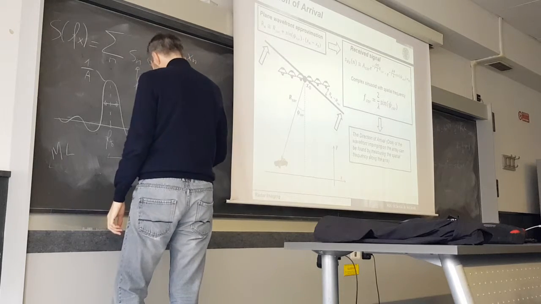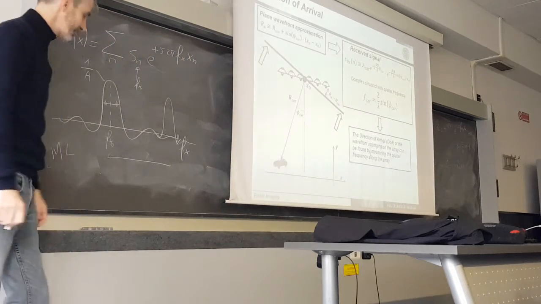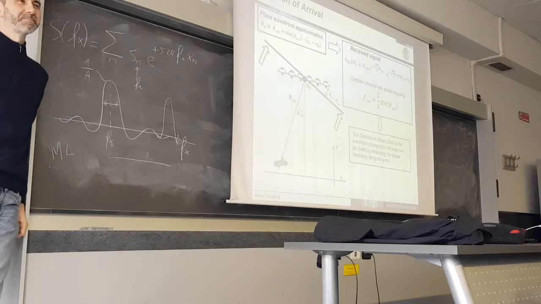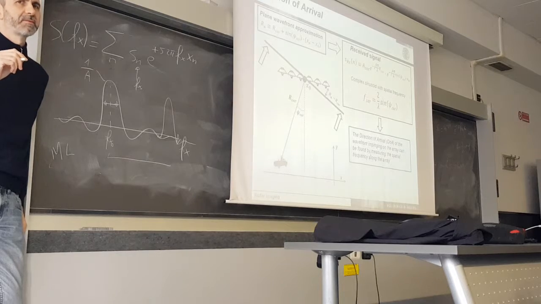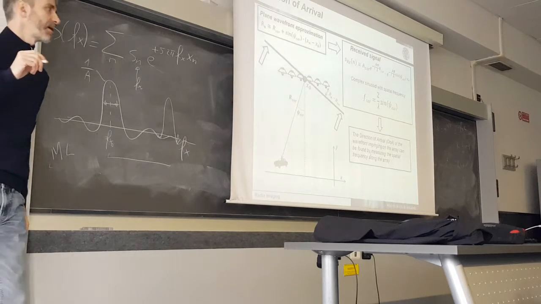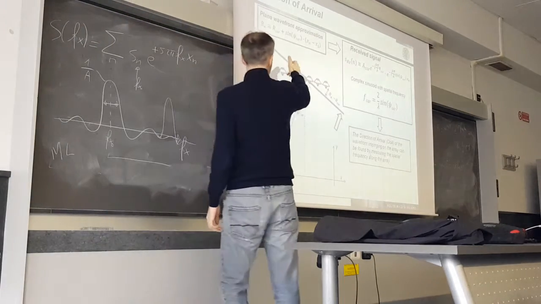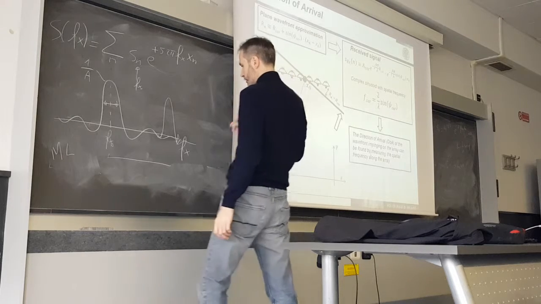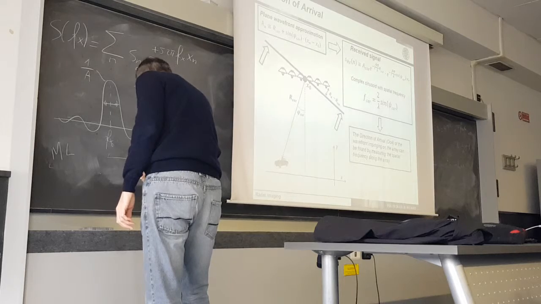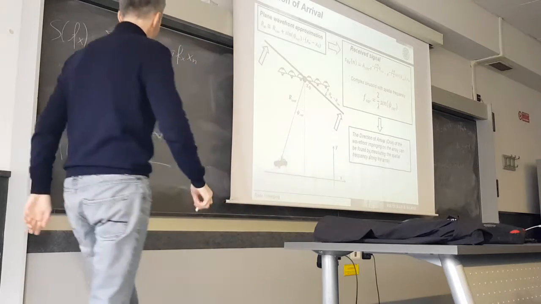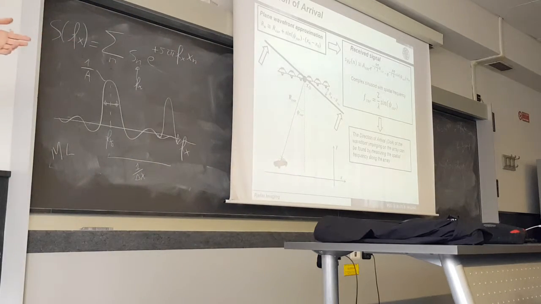At which distance? The inverse of the distance of the antenna. Exactly. So if this is the space in between the sensors, the replica comes at the inverse of the distance.